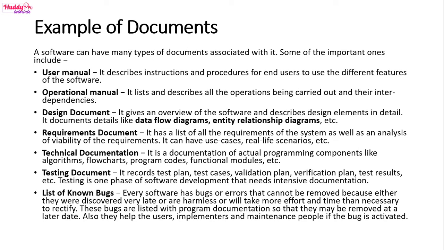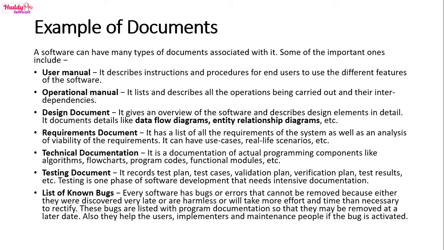Now these bugs have to be listed with the program documentation. Why? Because these bugs may need to be removed at a later date. If you get time, you may need to remove them, so they have to be listed clearly in the program documentation. And more so, this helps the users, the implementers, and the maintenance people.